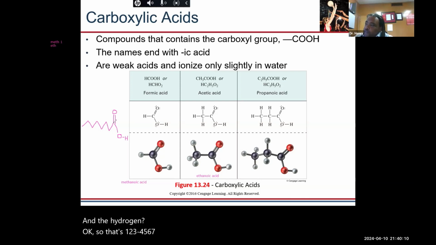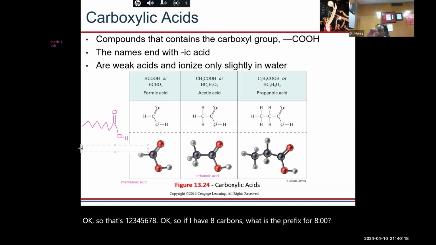So if I have eight carbons, what is the prefix for eight? What is that animal that lives in the sea that has eight legs?